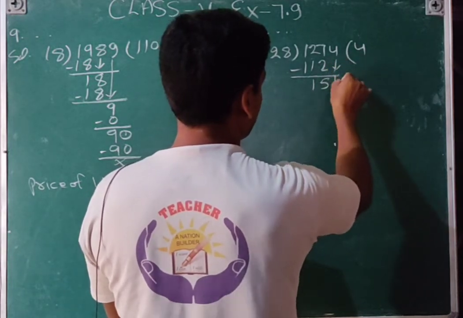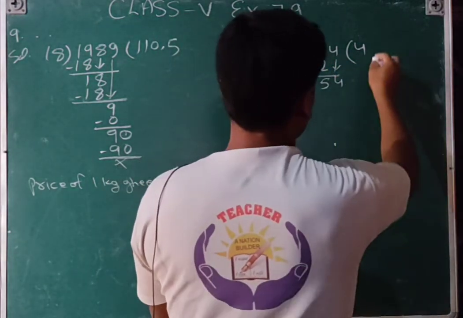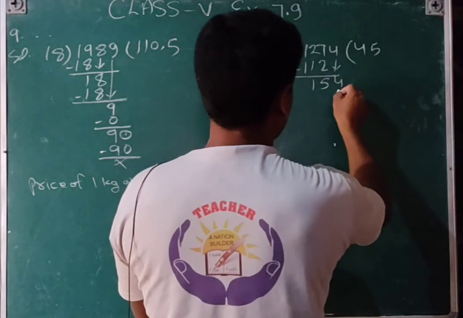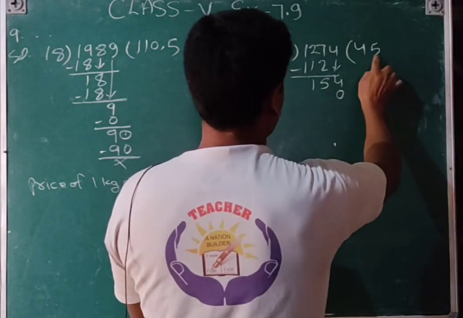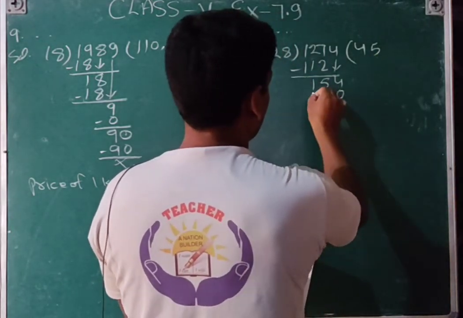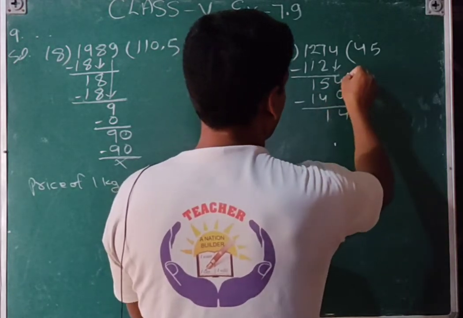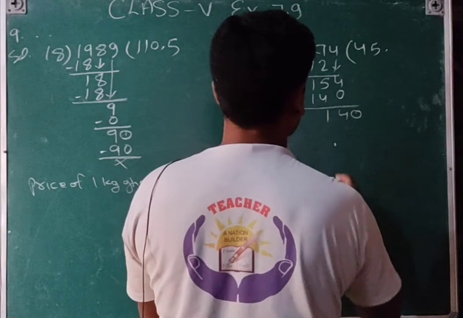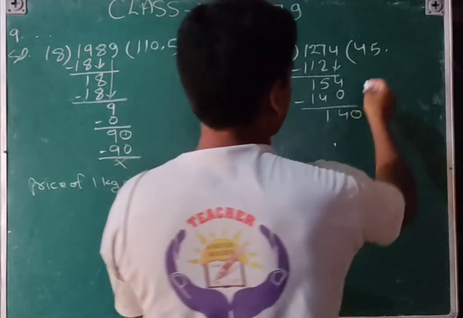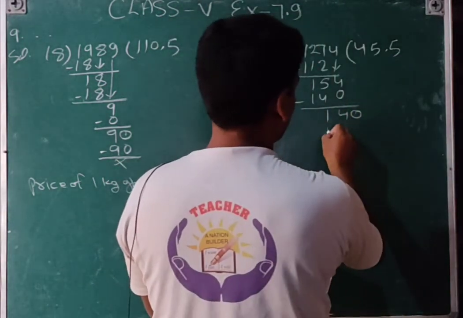Next digit 4. Now next it will go 5 times. 5 eights are 40, and then 5 twos are 10, 4, 14, and then 4, 1, and then by decimal that will be 0. Again 5 times will go, that is 140.